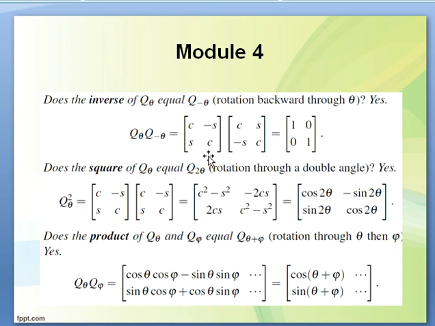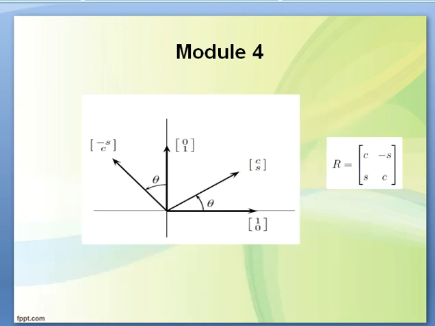Now the next thing we need to discuss is, is the inverse of Q theta equal to Q minus theta? So Q theta, we know it is c, minus s, s, c. Then what is Q of minus theta? Here the point (1, 0) was moved in the anti-clockwise direction by an angle theta.